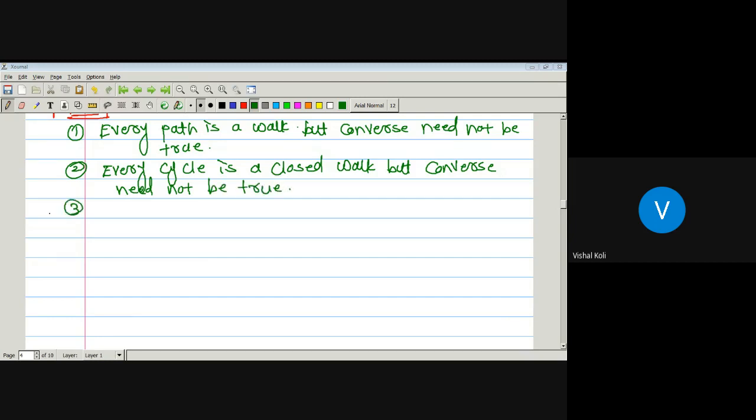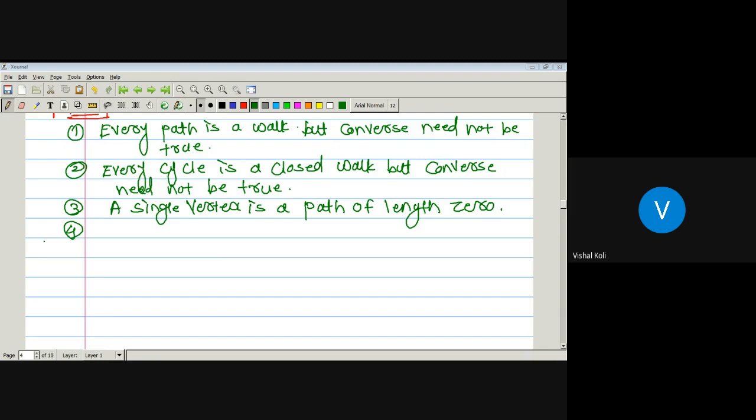Third one. Is any single vertex a path? Yes, sir. And what is its length? 0. A single vertex is a path of length 0. Fourth one.